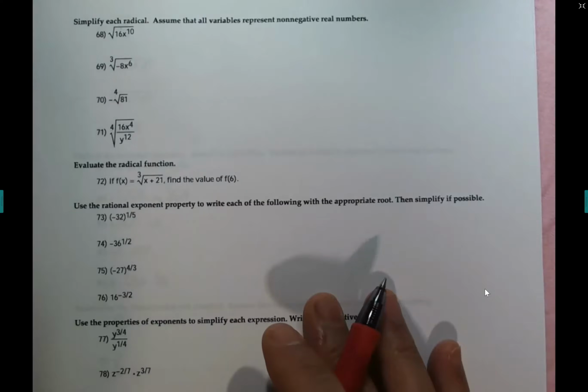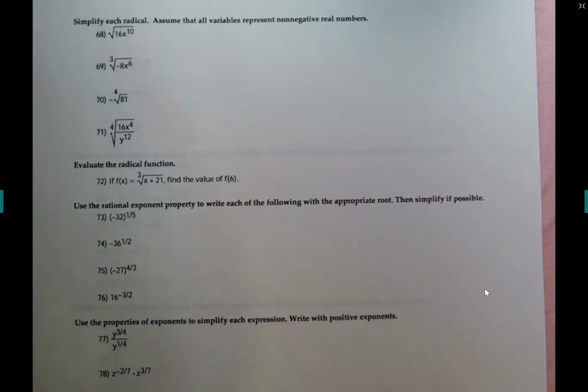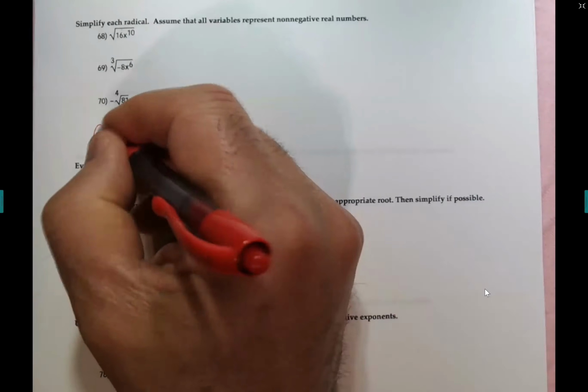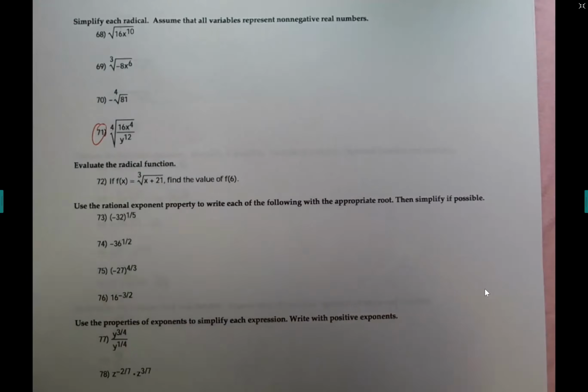Now simplifying radicals. From 68 to 71, let me pick 71. That's a fourth root, guys. So the fourth root, to get numbers out of the radical, you have to ask yourself, what would I multiply a number by itself 4 times to give me 16?